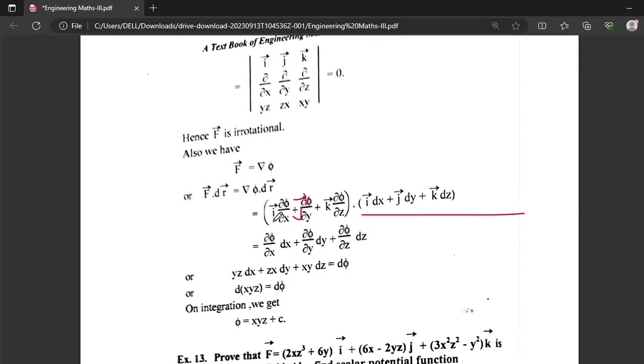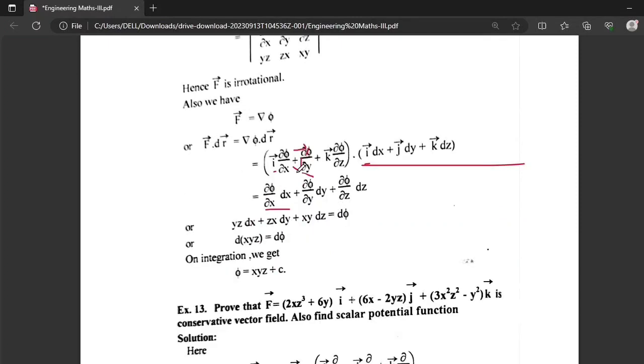Multiplying, i into i is 1, so 1 into del phi/del x into dx, and i into j is 0, i into k is also 0, and j into i is 0, and j into j is 1, so del phi/del y dy, and the same here, del phi/del z dz, and we can write this as d phi.